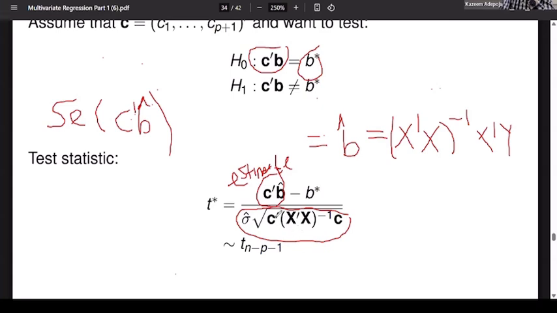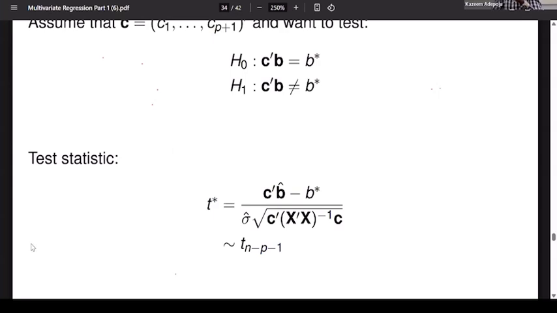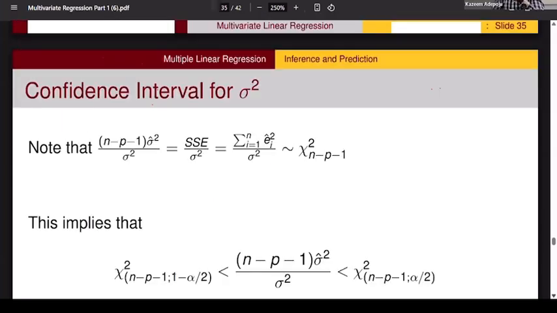This is the standard error, and that follows a t distribution with n minus p degrees of freedom. Now, that is how to test hypotheses about a linear combination involving the regression parameters.